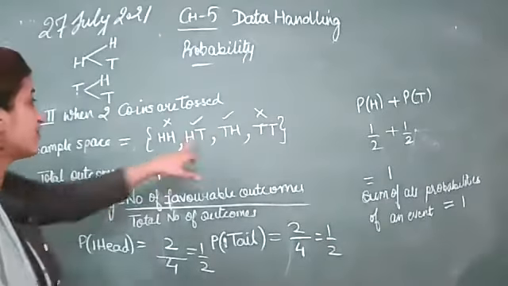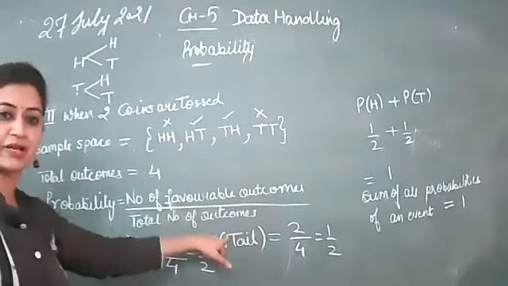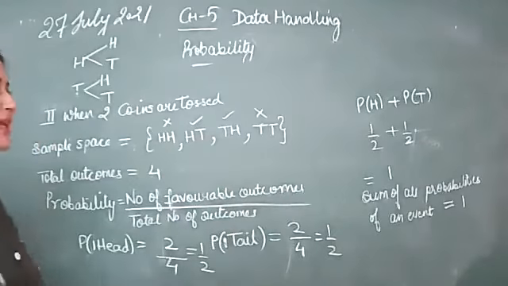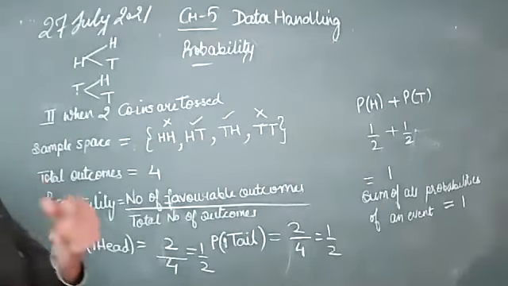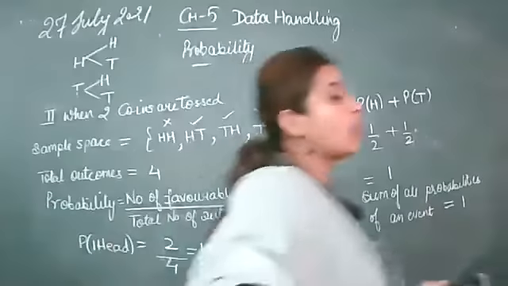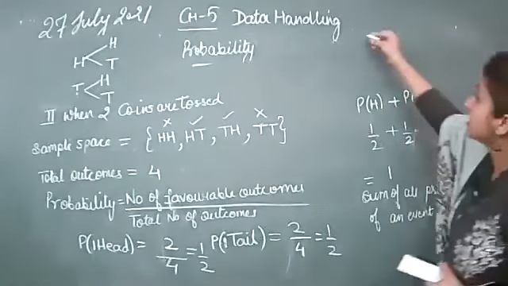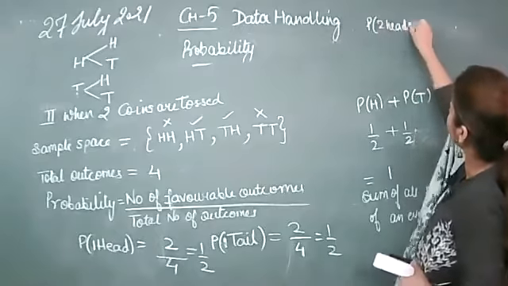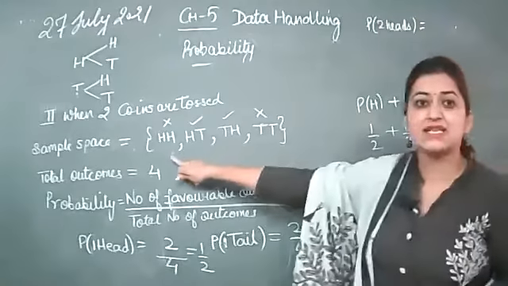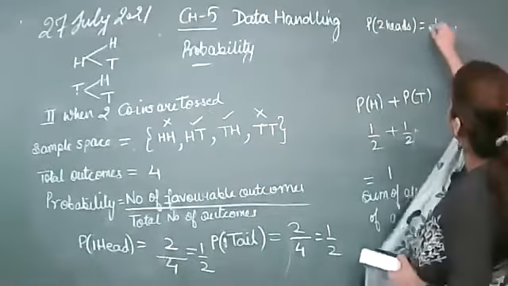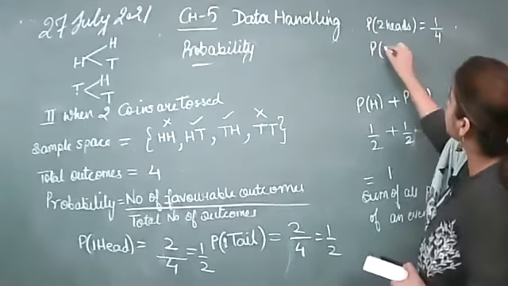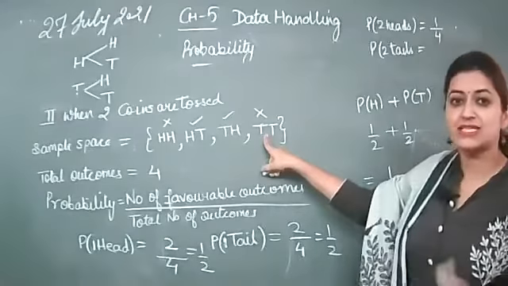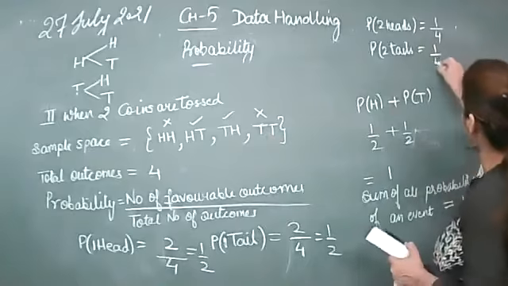Now the events that are pending are probability of 2 heads and probability of 2 tails. Next is probability of 2 heads. 2 heads is occurring one time upon 4. Probability of 2 tails. 2 tails is occurring again one time, 1/4.